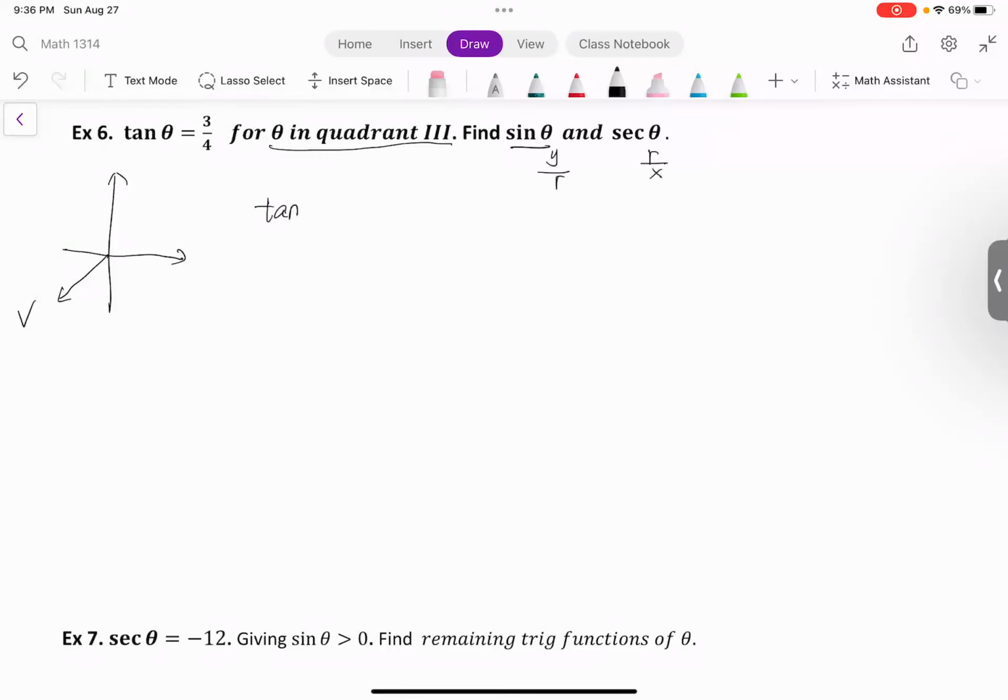So tangent theta equals 3 over 4. I know that we have learned tangent also equals y over x. So let me ask you, can I say, so it's a question mark here, can I say y equals 3 and let x equal 4?